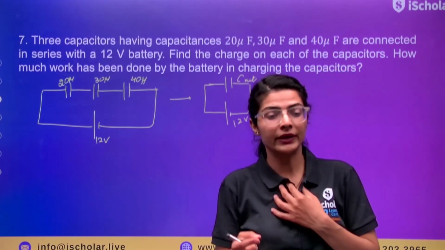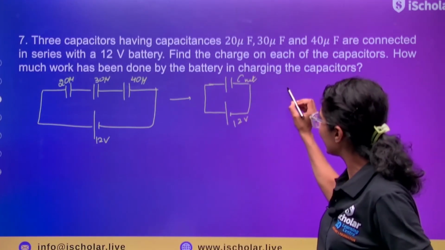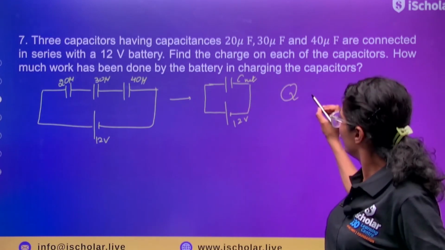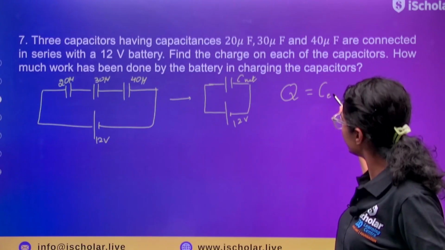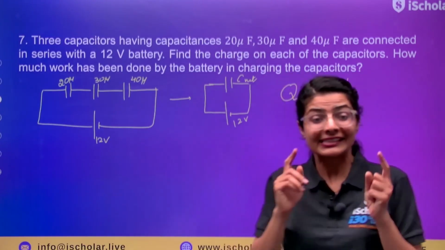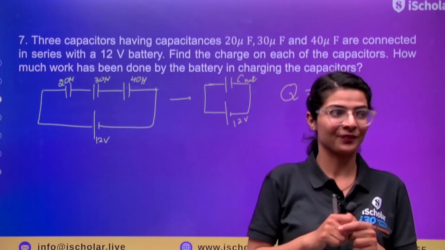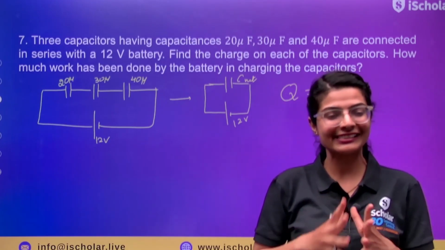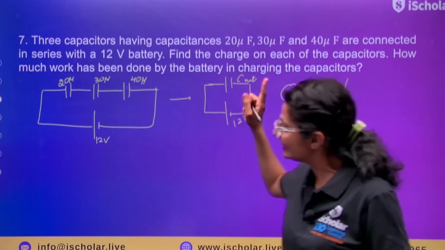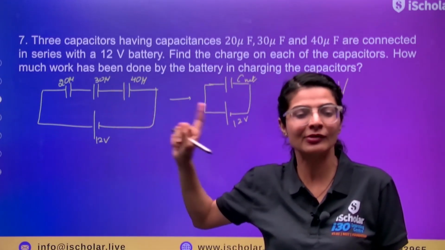Now what I'm going to do, I'll just say that the total charge which will be flowing through there would be C equivalent into the potential V. Now, since they are in series, try to understand, all these 3 capacitors are going to have the same charge.